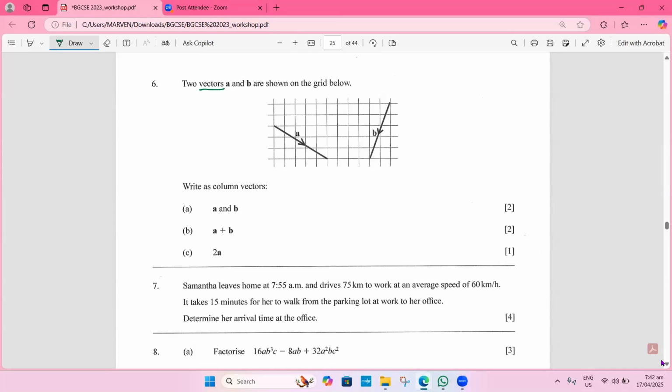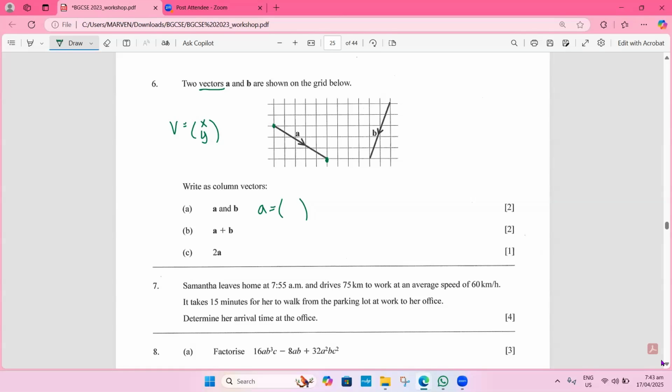So for A, the vector, you need to get the coordinates by counting the number of boxes. Since the direction is going downward, the vector is equal to x and y. X is the horizontal distance, and y is the vertical.